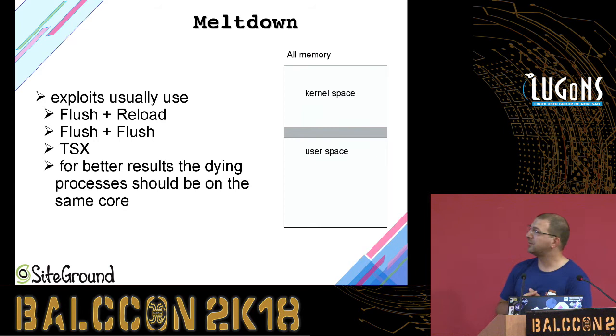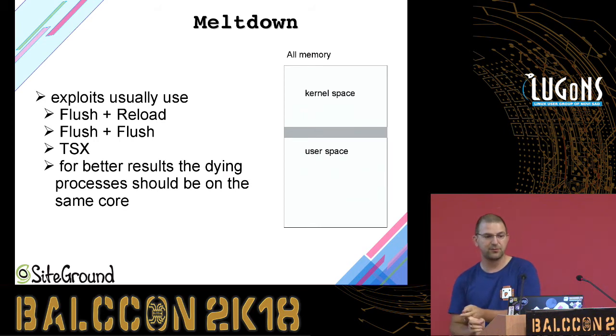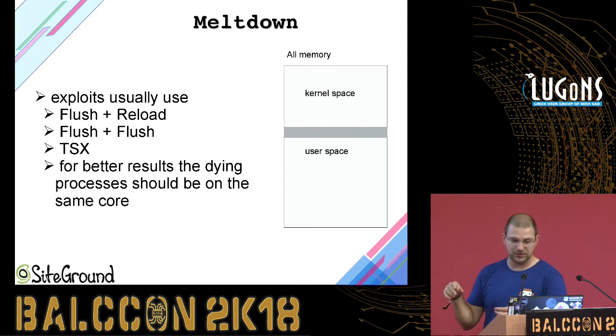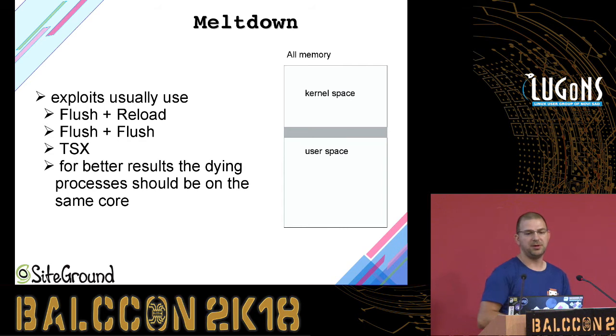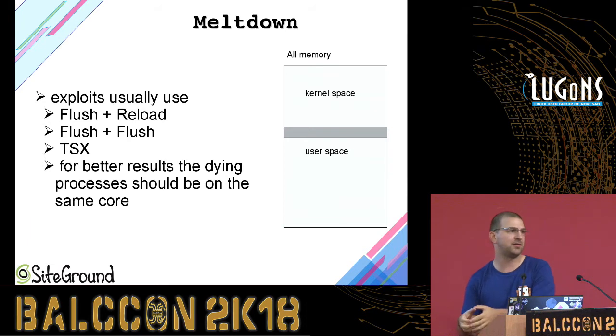Meltdown actually can be exploited by using flush intervals or flush, and you also need transactional instructions. I'll talk about them in a bit. You can use either transactional instructions, or you can use a process that you spawn, and it will die because of the misprediction.